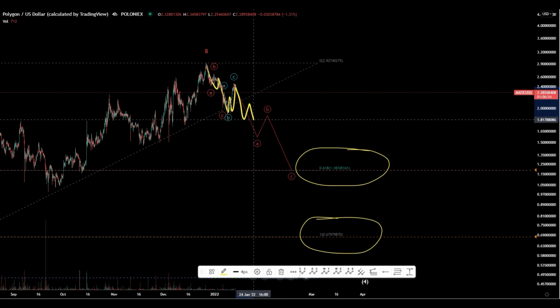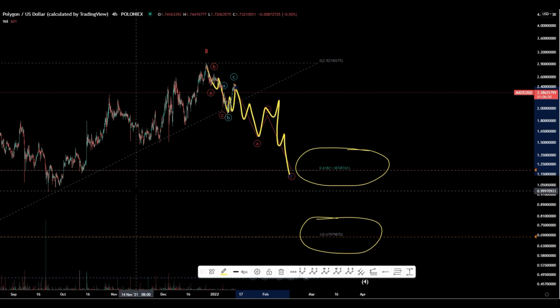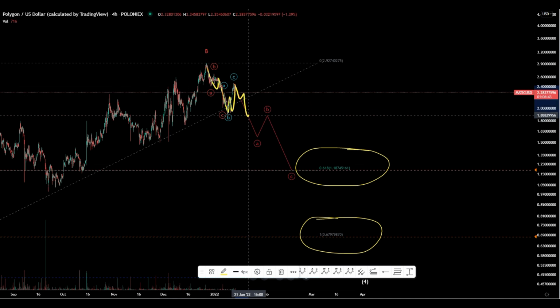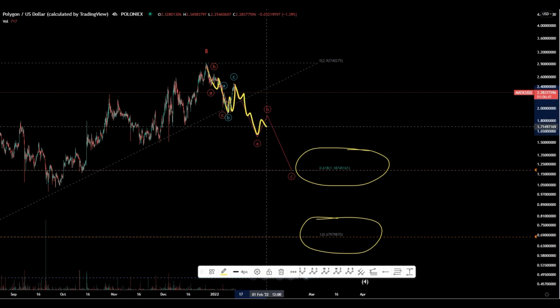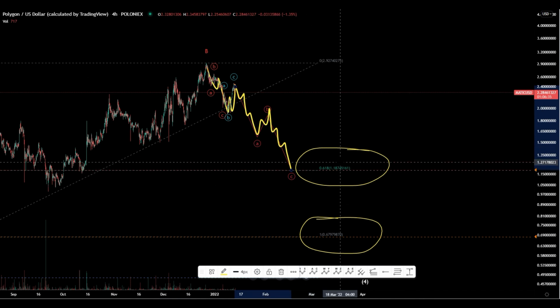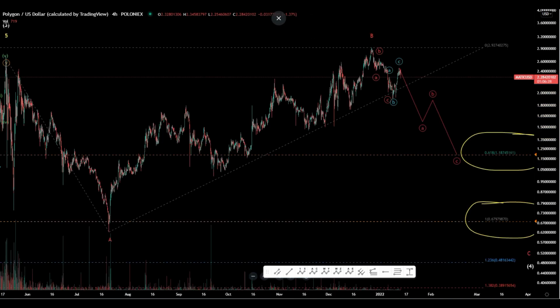So you might get 1, 2, 3, 1, 2, 3, 1, 2, 3, or a standard zigzag here, which would be 1, 2, 3, 4, 5, 1, 2, 3, 1, 2, 3, 4, 5. Point of the matter is we're expecting it to, at a minimum, come down to right here at the 61.8% extension of A and B.